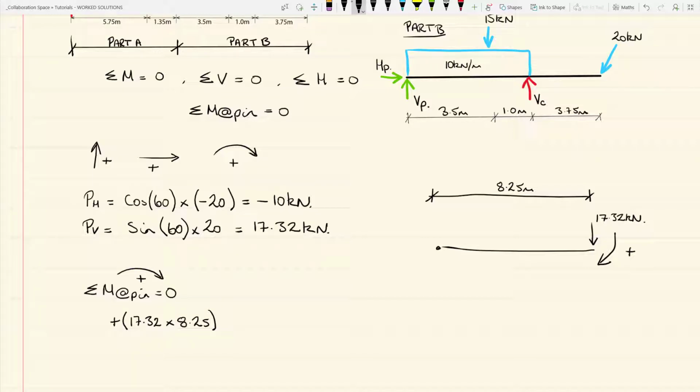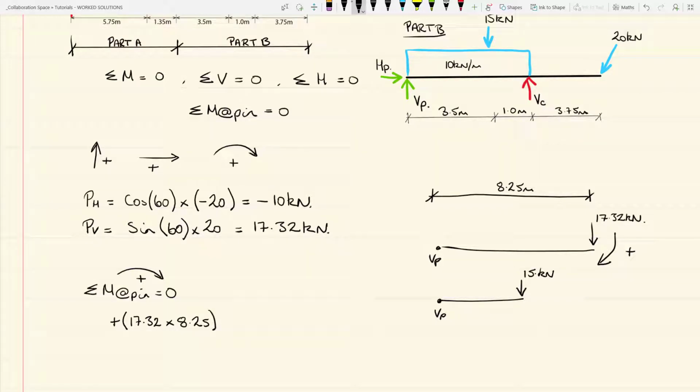We also have the second point load, the 15 kilonewtons. So again, that's your pin. So this is the pin in each case. This is VP. We have a point load, again, acting on the beam, 15 kilonewtons.